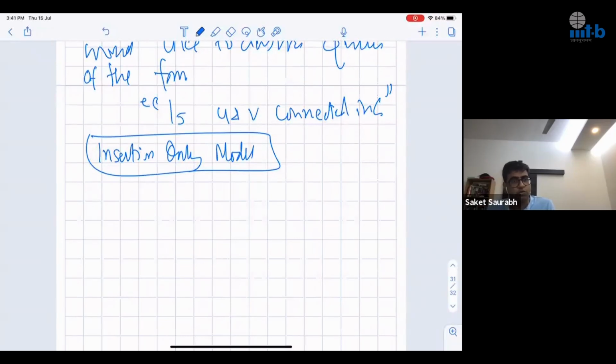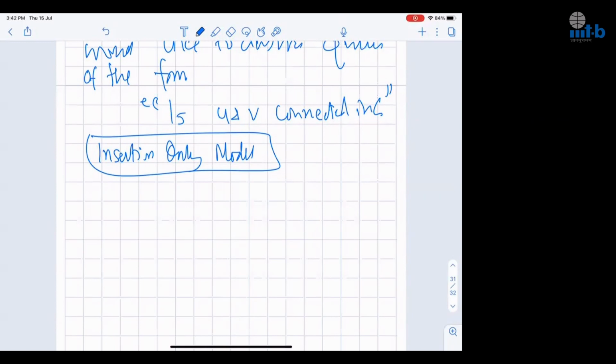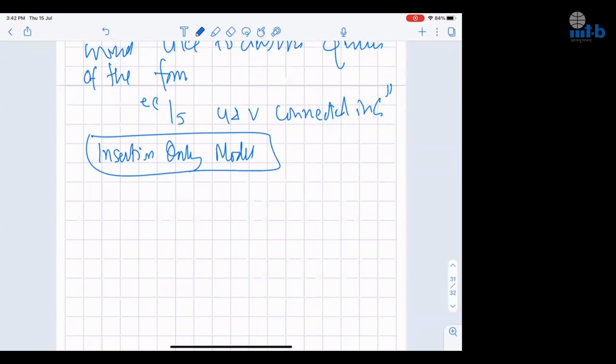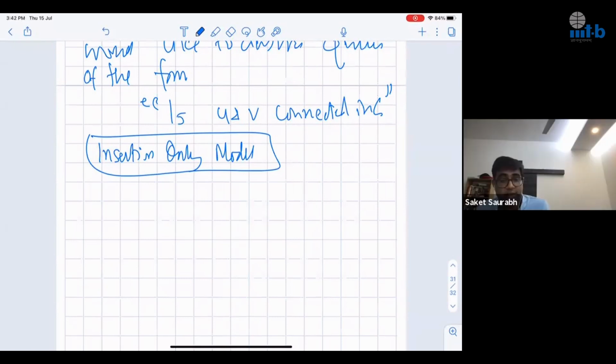Suppose nodes are numbered from 1 to n. How many bits do you need to store one vertex? Log n. Correct. So what is the total number of bits we will be storing then? N log n. Correct. It's still better than n square, no?